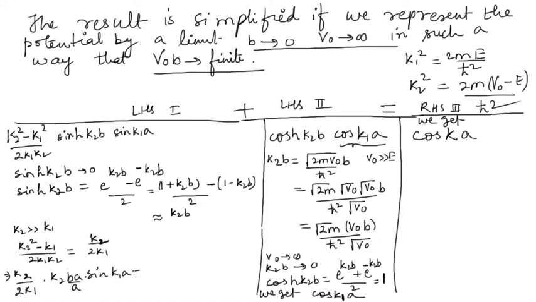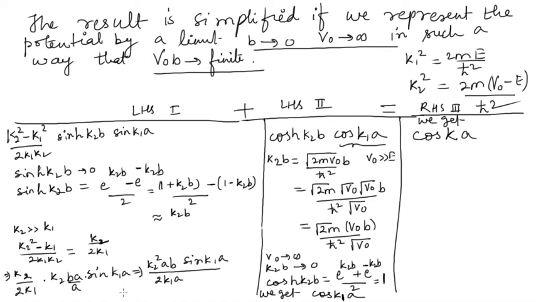So this is equal to k2 square ab sine k1a upon 2 k1a. And k2 square I can write as 2m v0 upon h cross square. I can again neglect E with respect to v0.